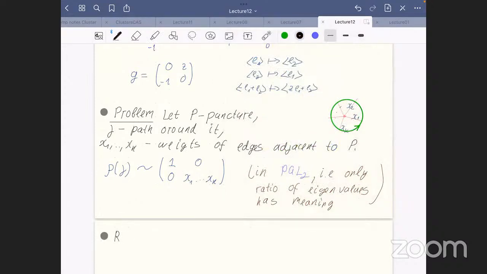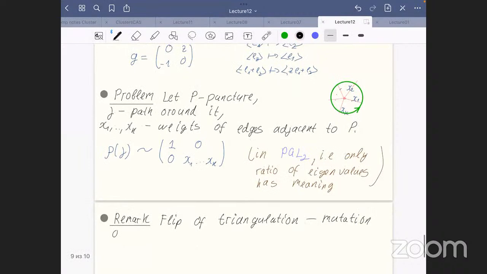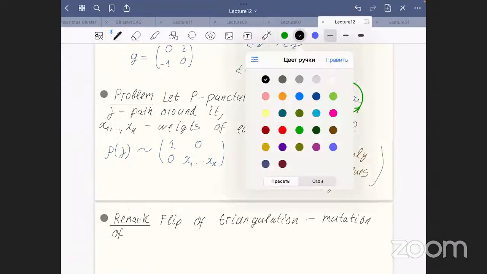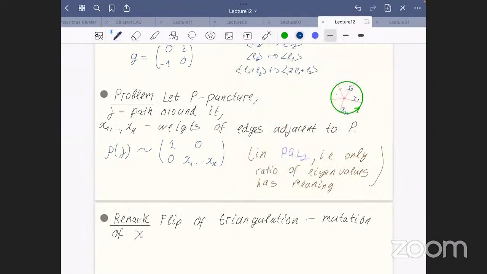Maybe one more remark. A flip of triangulation corresponds to mutation of variables.